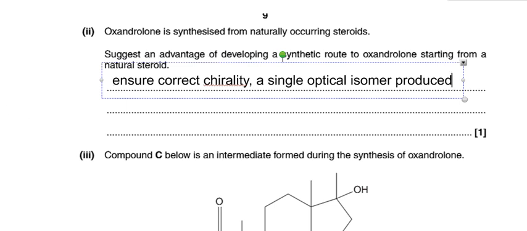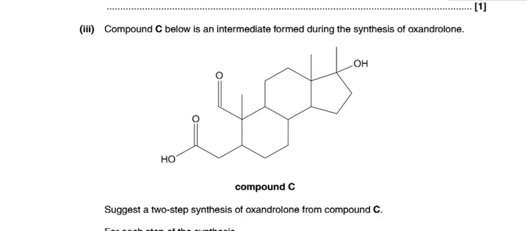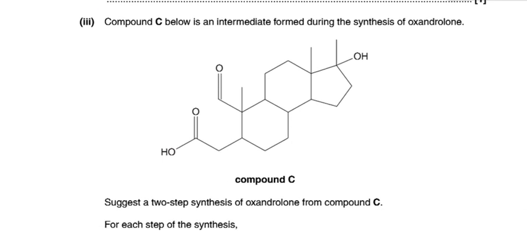So then compound C below is an intermediate formed during the synthesis of oxandrolone. Remember that we've said from the previous question that oxandrolone had that cyclic ester. So we had an O with a double bond connected to an O in the loop.